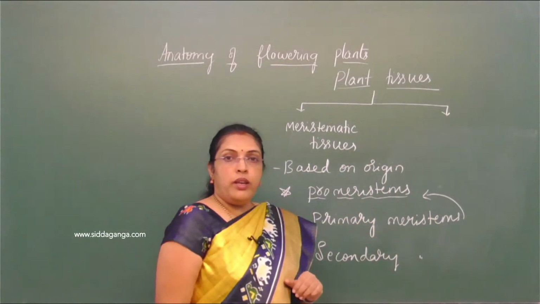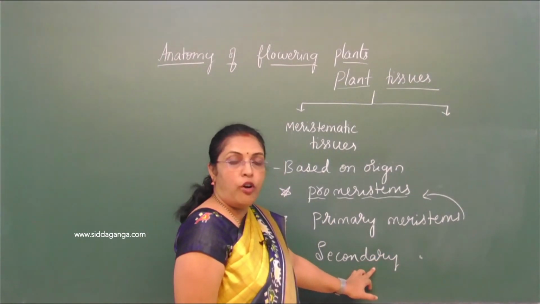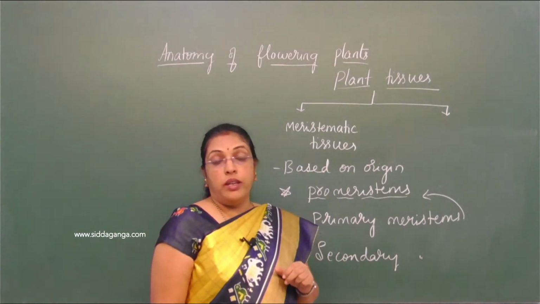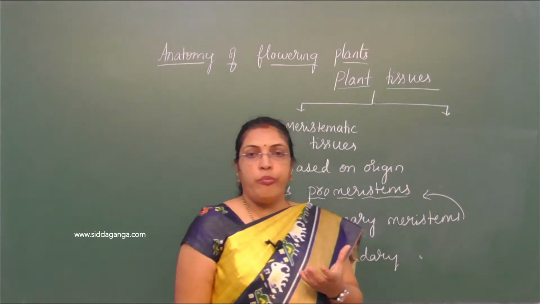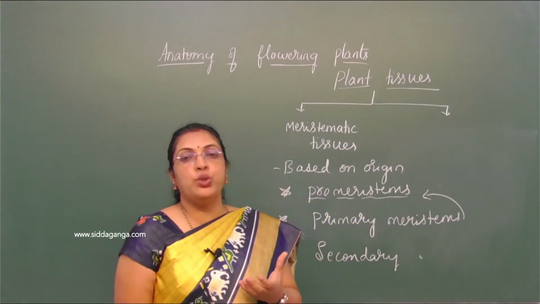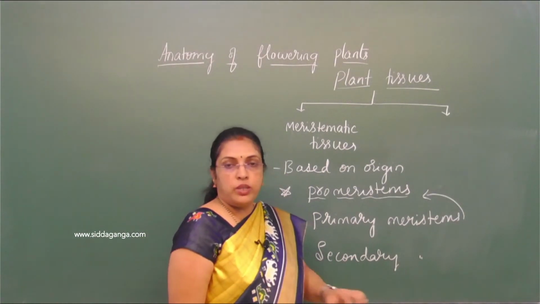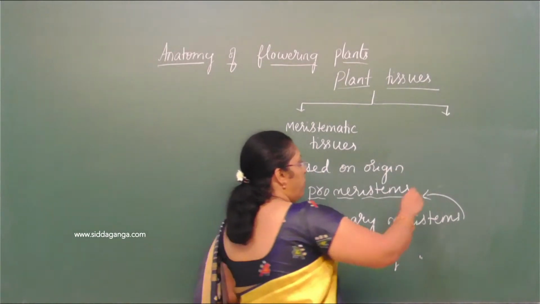Secondary meristems are formed from primary permanent tissues, that is, by the de-differentiation of permanent tissues.